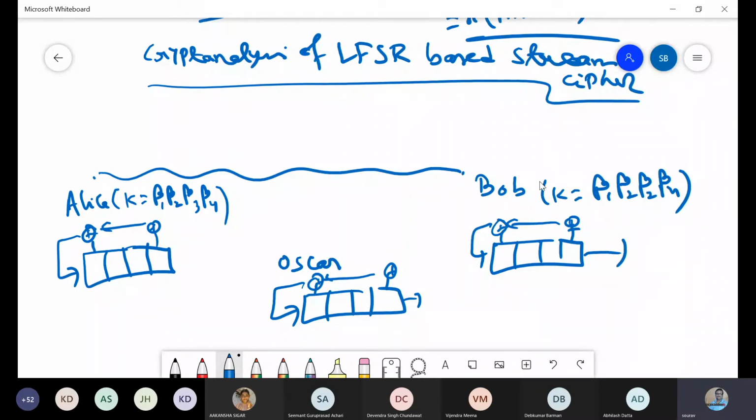So now Alice has a message which Alice wants to encrypt. Alice will generate the key stream alpha 1, alpha 2, and so forth. Then Alice will generate y1, which is x1 XOR alpha 1, y2 is x2 XOR alpha 2, and so on. So can anyone tell me what are alpha 1, alpha 2, alpha 3, alpha 4?